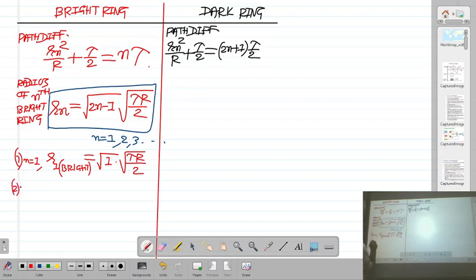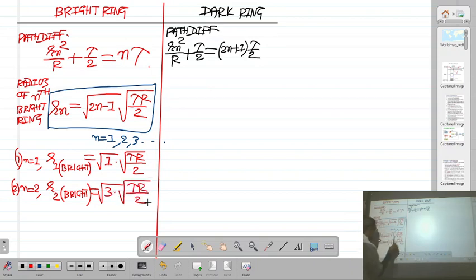Similarly, the radius of the second bright ring is the square root of 2 into 2, which is 4 minus 1, so the square root of 3 into the square root of lambda R by 2. This lambda R by 2 is the constant term.